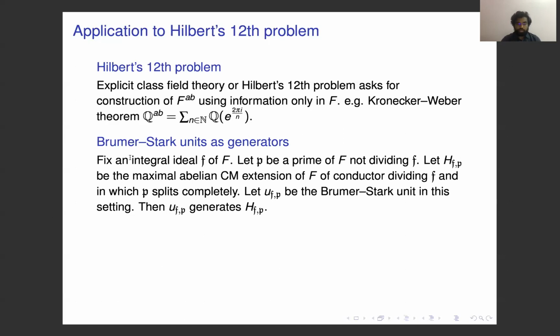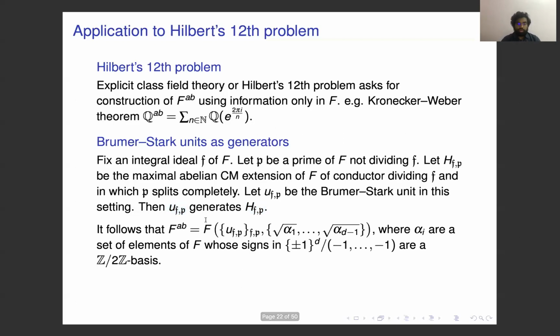One can show using the Brumer part of the conjecture that u_{f,P} generates this maximal abelian CM extension of F with conductor dividing f, and in which prime P splits completely. So this unit generates this extension, which means that H_{f,P} is F with this u adjoined.